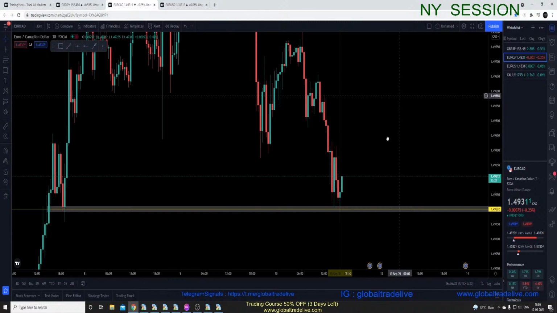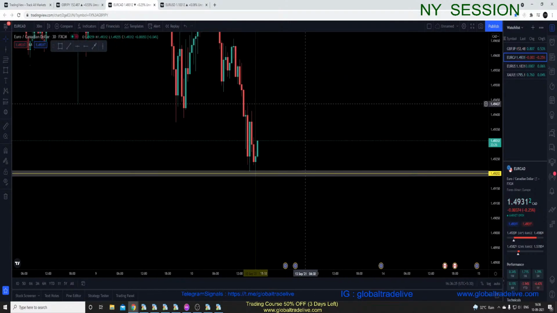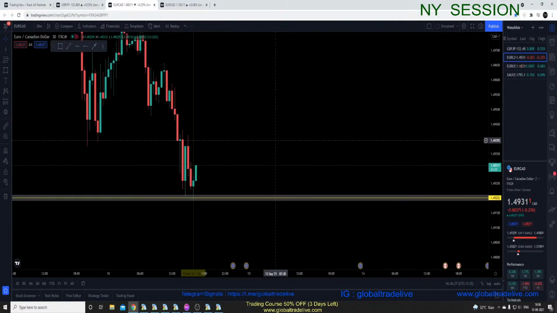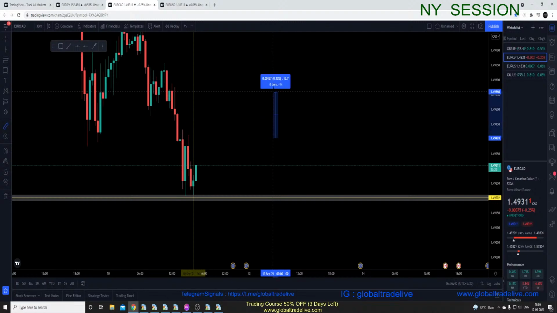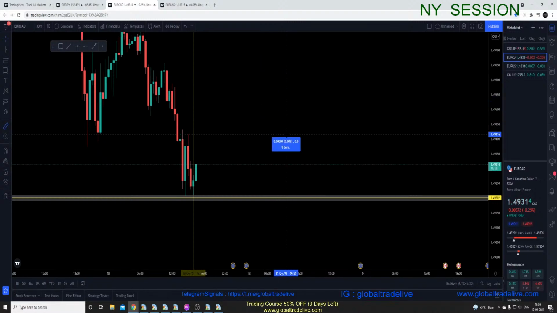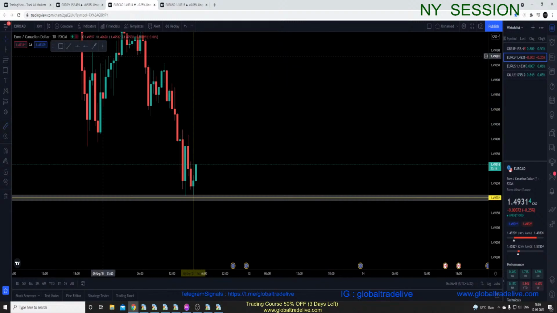Okay, so let me just label a few things over here. Above this area there is a 15-16 pips range.